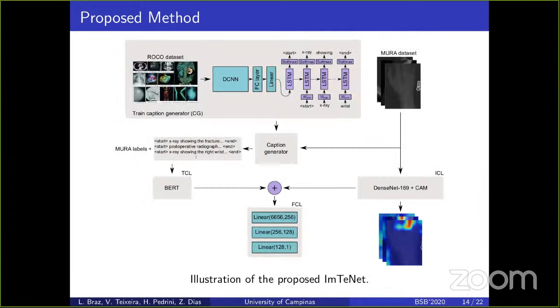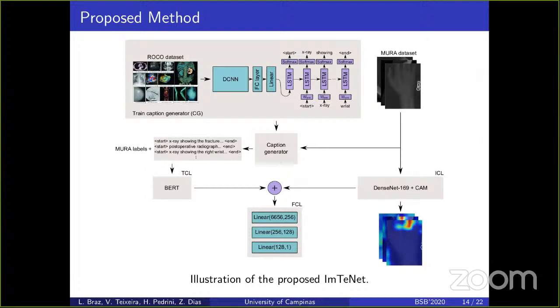This is the overall illustration of our methodology. On the upper side, we have the caption generator to create captions for a dataset lacking text information. We have the original image from the MURA dataset that we pass to the image classification level, which consists of a DenseNet model.